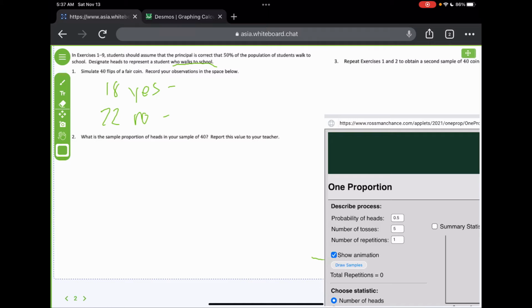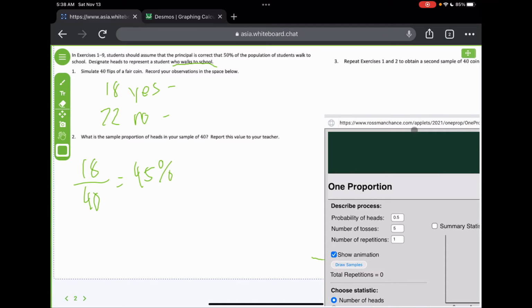Number 2 asks, what is the proportion of that? Well, 18 out of 40 is 45%, which seems about right. We talked about having 40 as the minimum and 60 as the highest, right?